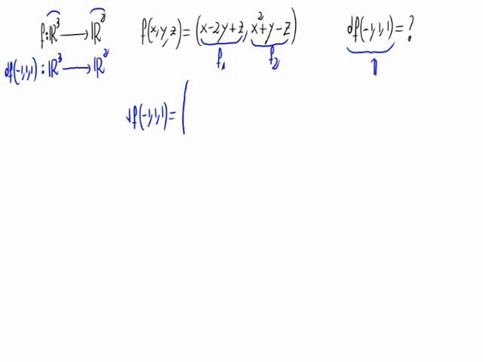In this matrix, in the first column, we have to write the image of the first vector of the canonical basis 1, 0, 0 by the differential of f in minus 1, 1, 1.